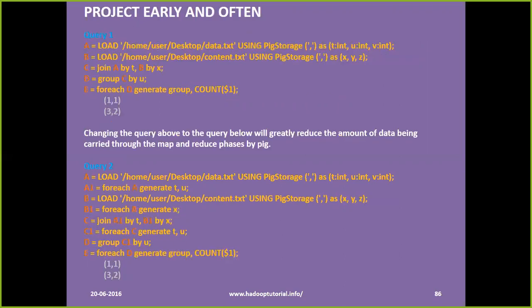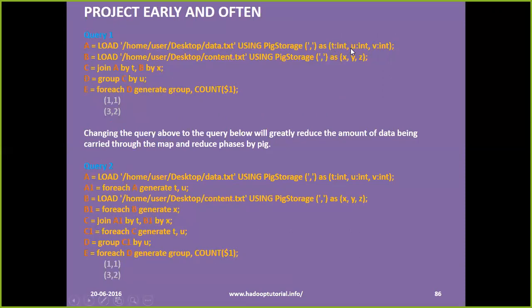And the third one: project early and often, as often as possible. Again, with an example, you will be better able to understand. I have a data.txt file and a content.txt file.